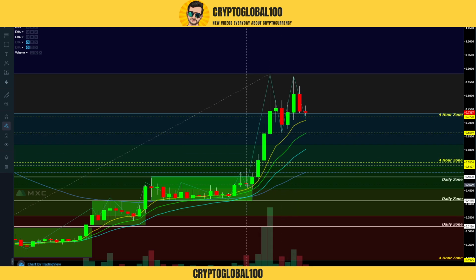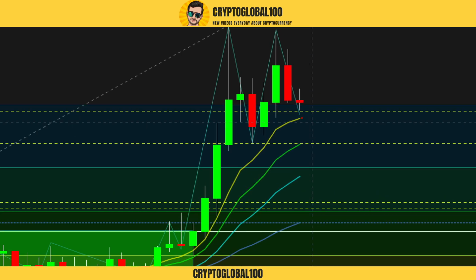Okay, it means the price is in the uptrend, and this yellow line is a 13 EMA, which is a fast EMA, which means the price is testing and getting rejected from this level here. It denotes a strong uptrend.